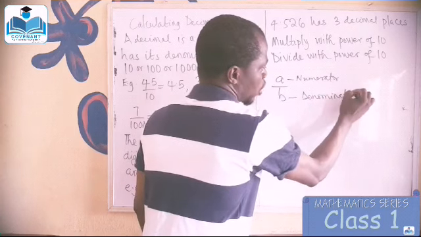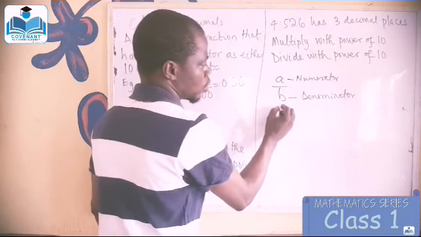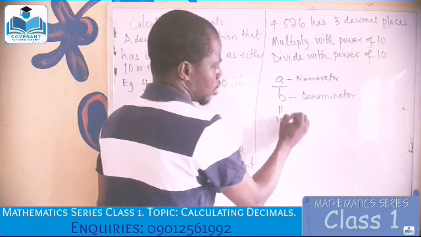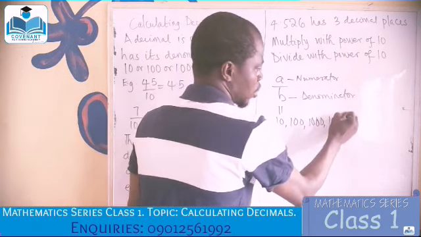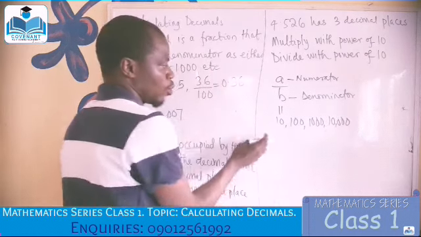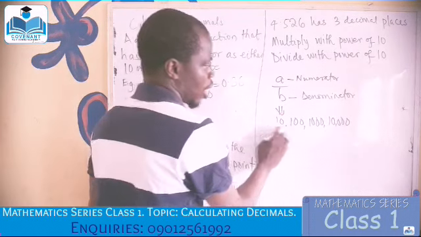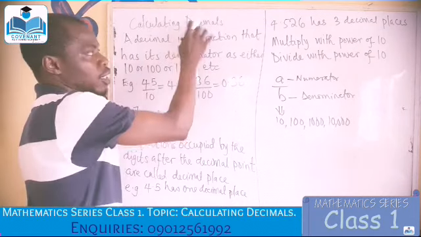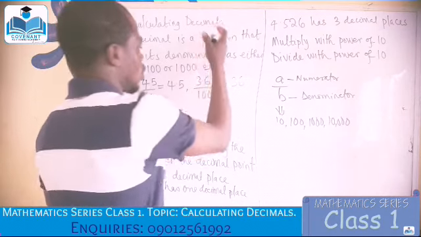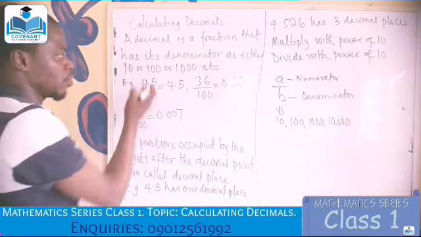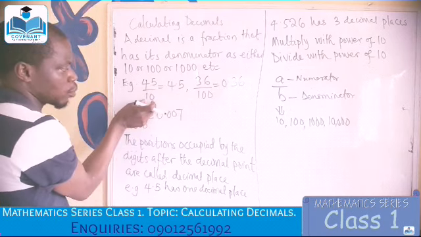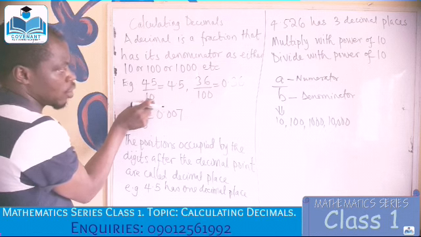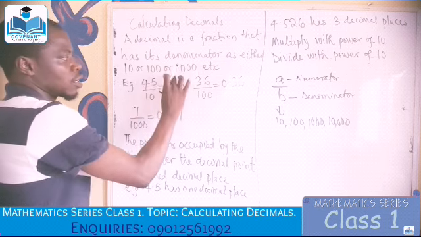When you have the denominator equal to either 10, 100, 1000, or 10,000, then you have a decimal. You can see from this example that 45 over 10 is 4.5, because the denominator here has made this fraction become a decimal.